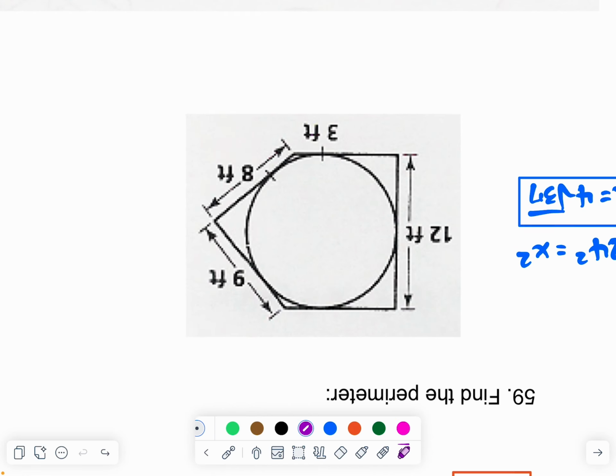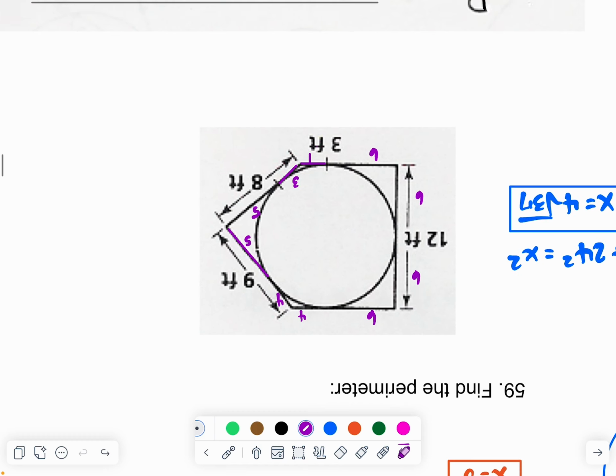Okay. All right, number 59. So number 59, this was actually in our notes, this exact same question. So the 3 feet right here is referring to this piece right there. And we know that all tangents are congruent from the same external point, which means this piece is also 3, which means this piece right here is 5, which means this piece is 5, which means this piece is 4, which means this piece is 4, and then this 12, which is technically a diameter of my circle, so you can think of it as being 6 and 6, which means these pieces are 6 and 6.